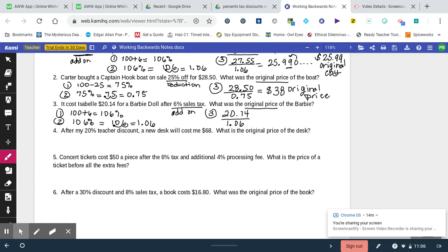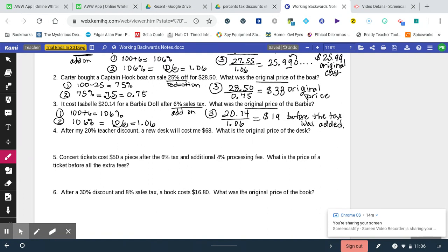Okay, so let's take $20.14 and divide it by 1.06. And we get the original cost was $19 before the tax was added. Okay. And that's it. That's all you do.